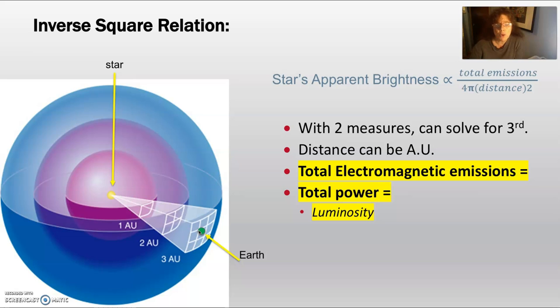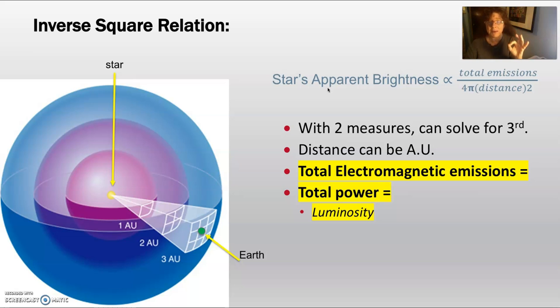So when that star shines on, and I'll change this to Mars, it gets far less light than what we get right here at the same amount of area, but we're just farther away. So when we have 2 measures of this equation, when we have our perception of how bright that star is from our distance away in the sky, and remember, this is a really subjective measure, but there are ways of making it a bit more quantitative.